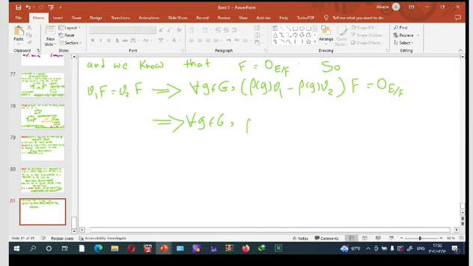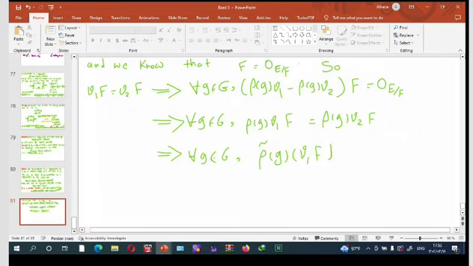Rho g of v1 of F is equal to rho g of v2 of F, and this shows that for any g in G, rho tilde of g of v1F is equal to rho tilde of g of v2F.